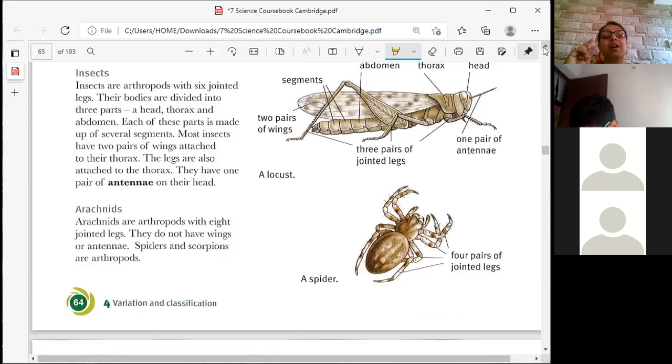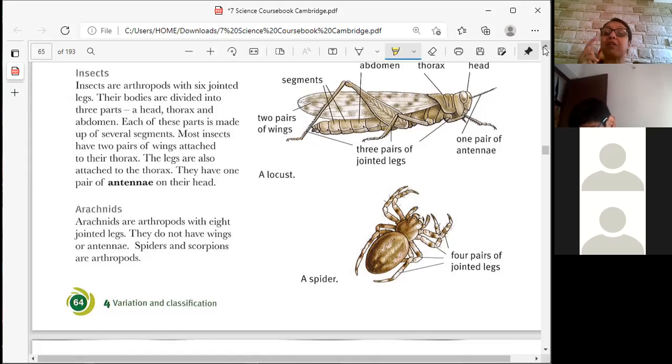Insects have 2 pairs of wings attached to their body, while arachnids do not have any wings. We can also say that the insects have 1 pair of antenna, while arachnids do not have antenna at all.